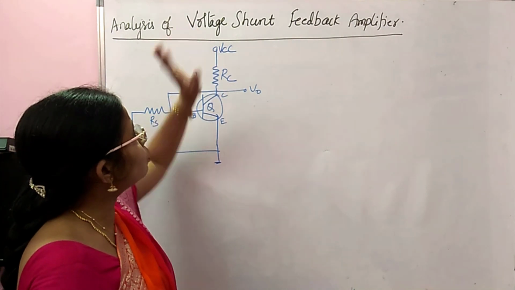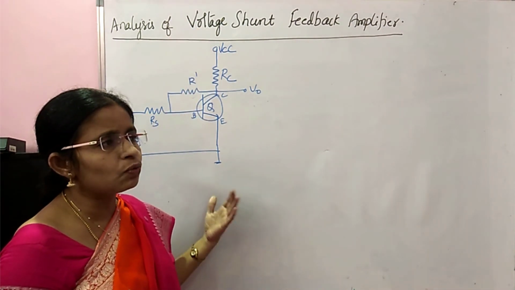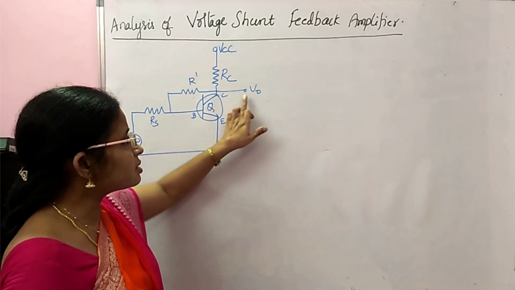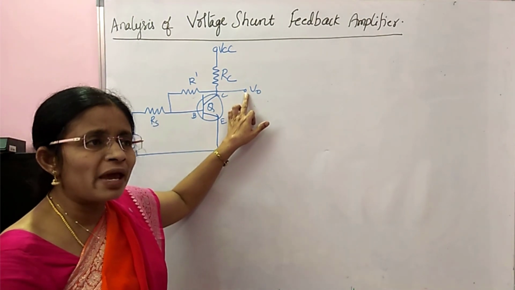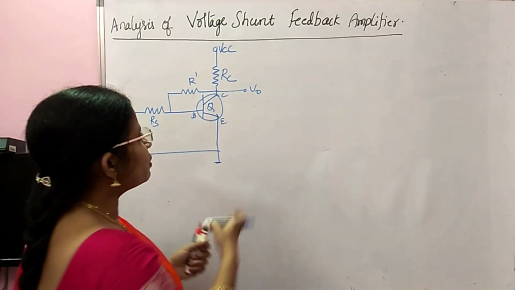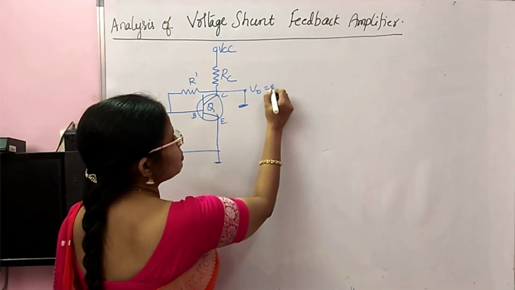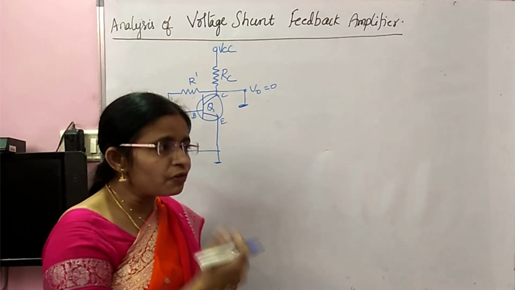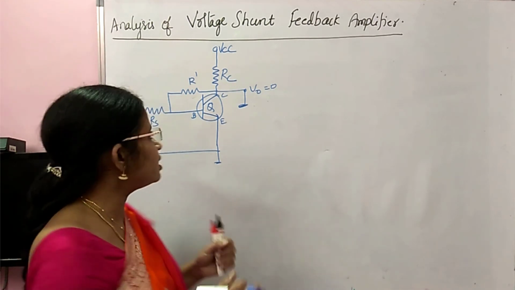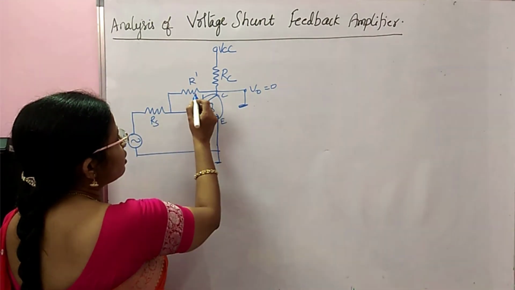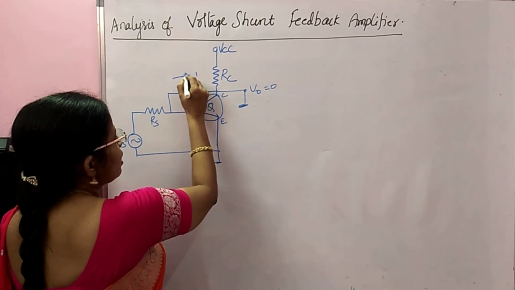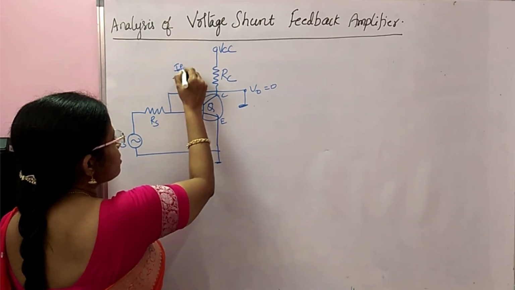How to know whether the circuit consists of voltage sampling or current sampling? If it is voltage sampling, V naught equal to 0 makes the feedback equal to 0. V naught equal to 0 means you just make it ground, make it 0. To find whether that feedback is becoming 0 or not, assume that through R dash a current IF is flowing like this.